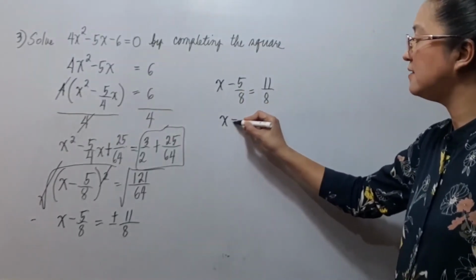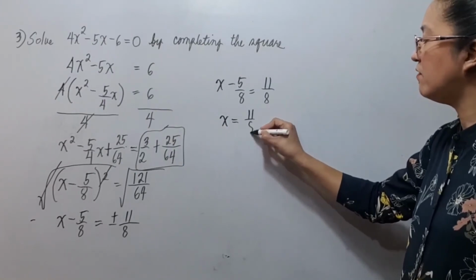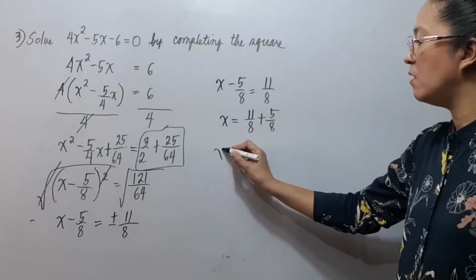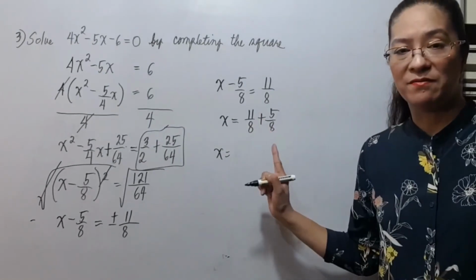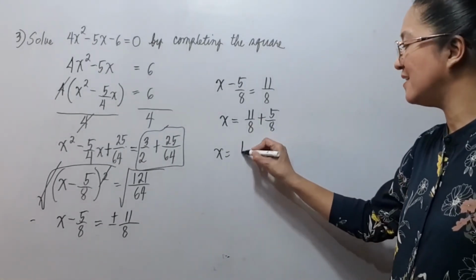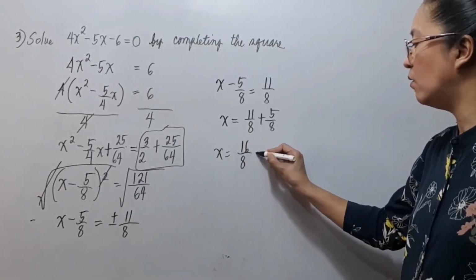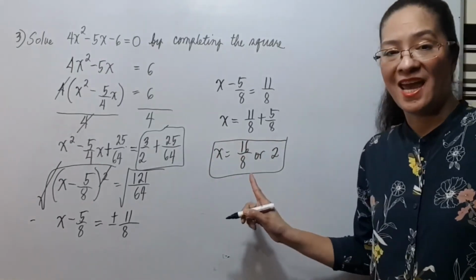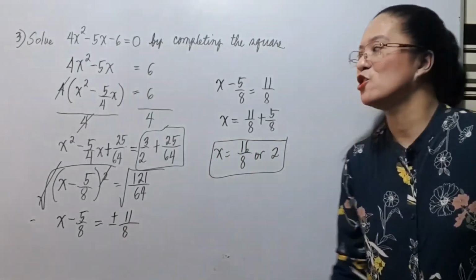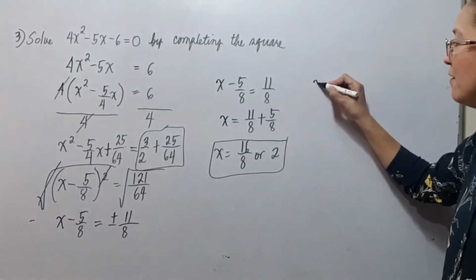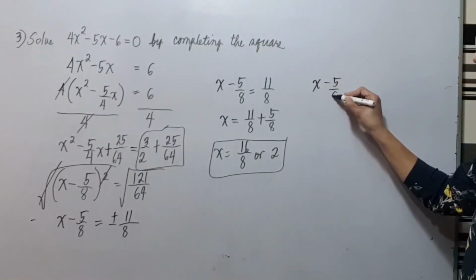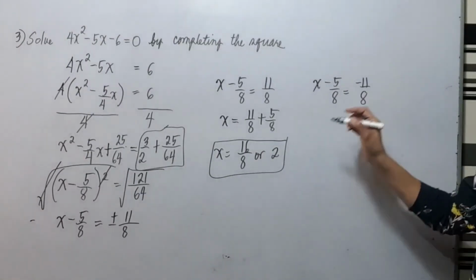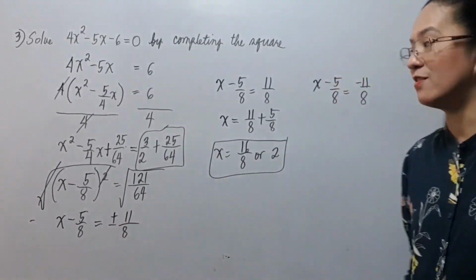So, we have x equals 11 over 8 plus 5 over 8. What is 11 over 8 plus 5 over 8? Alright, that is 16 over 8 or 2. So, that is the value of x. Okay, the other solution. So, we have x minus 5 over 8 equals negative 11 over 8. Kasi nga, positive, negative 11 over 8.